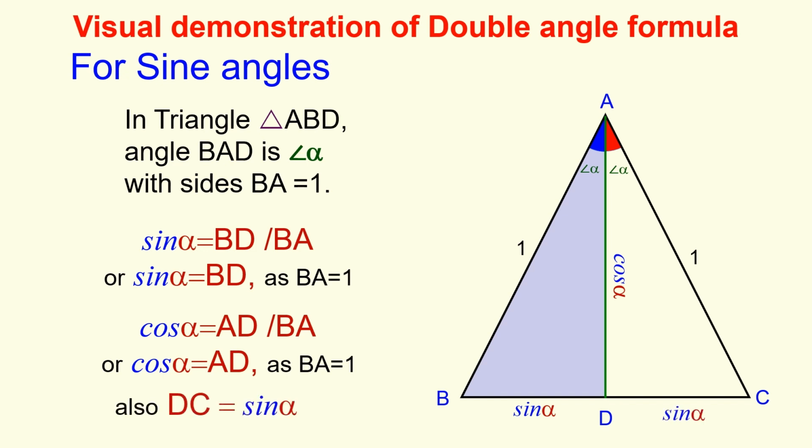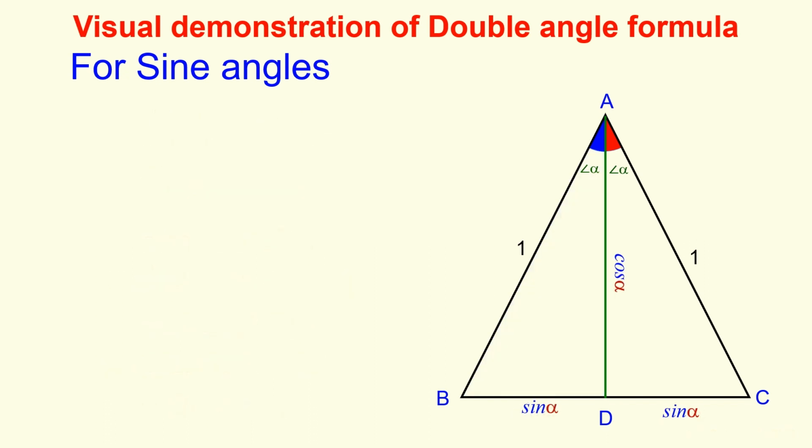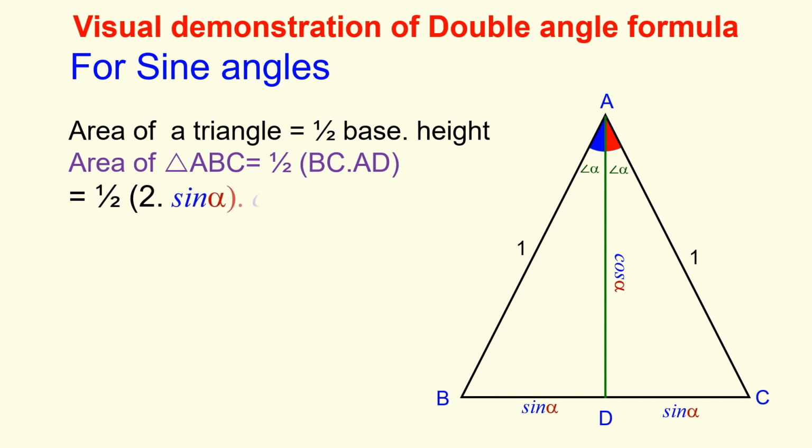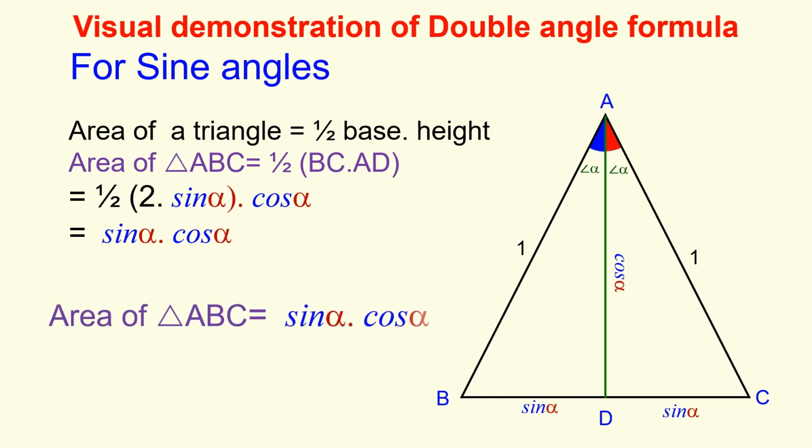Also DC equals BD equals sine alpha. The area of a triangle equals half into base into height. So, the area of triangle ABC equals half into BC into AD equals half into 2 times sine alpha into cos alpha equals sine alpha into cos alpha.